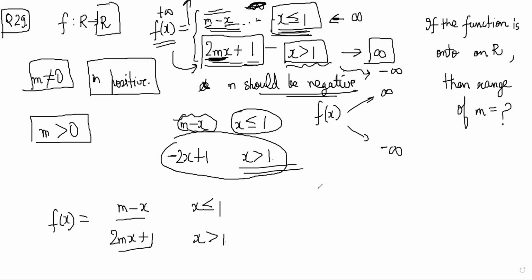Let's check. When we put -2 and x as 1 in both, we're getting the same values: -2 minus x and -4x plus 1, and if you're putting 1, we are getting -3 in both.